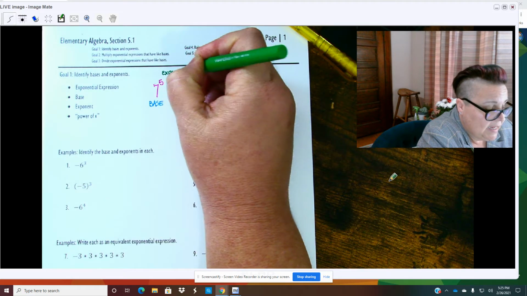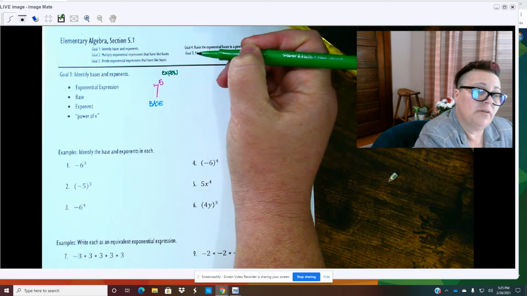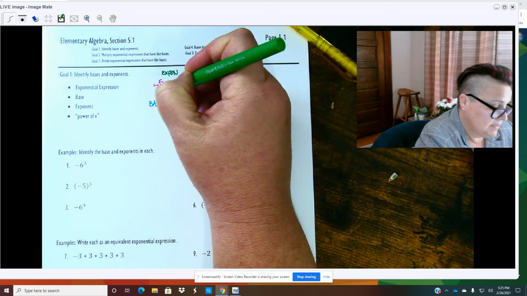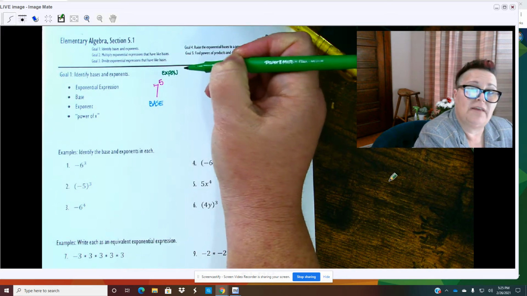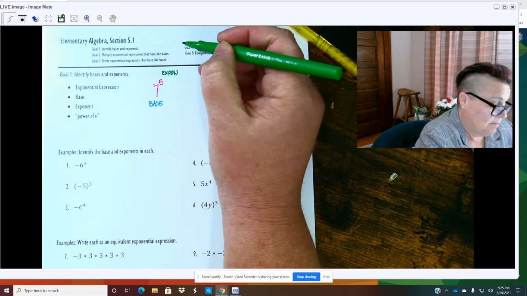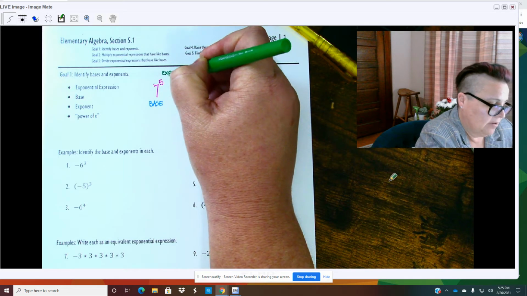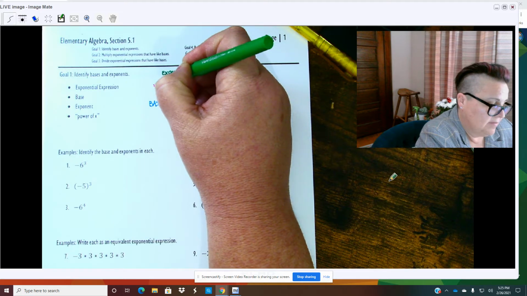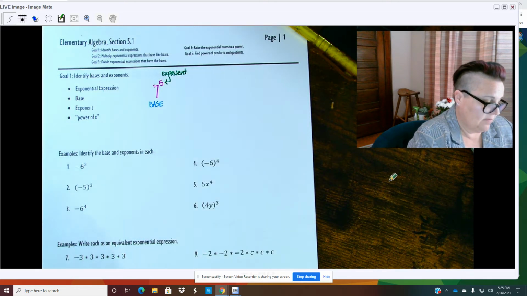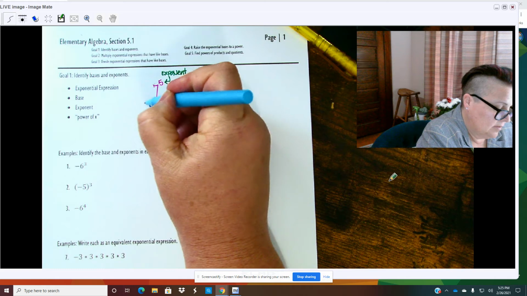Sometimes we say 7 to the power of 5, and that means the same as 7 to the 5th, or 7 with a power of 5. There we go. 5 is the exponent, 7 is my base.